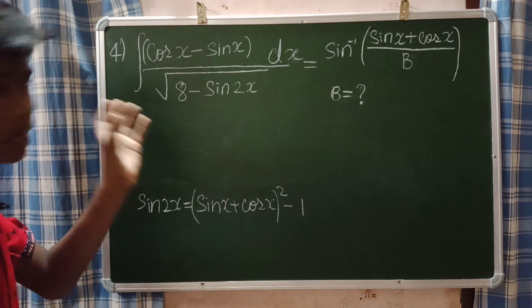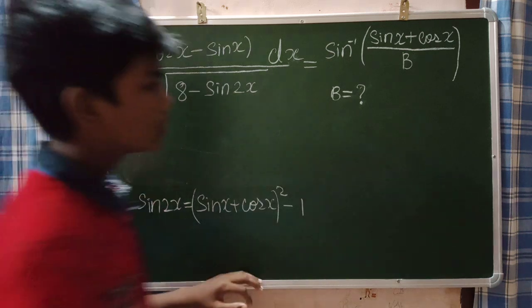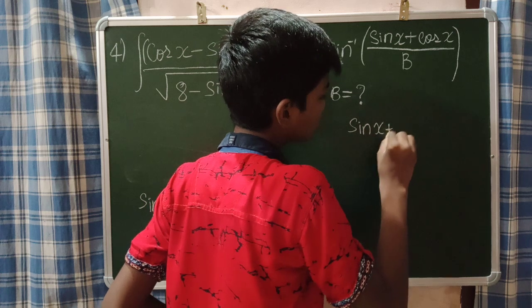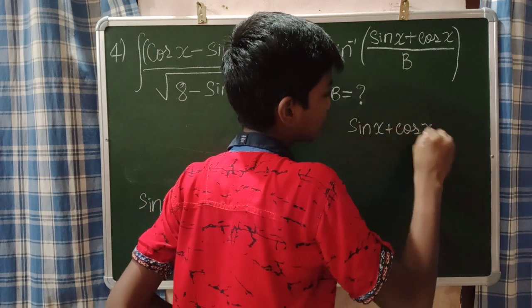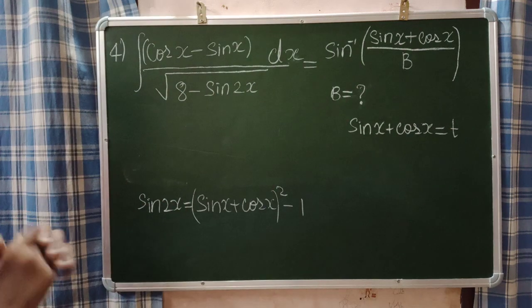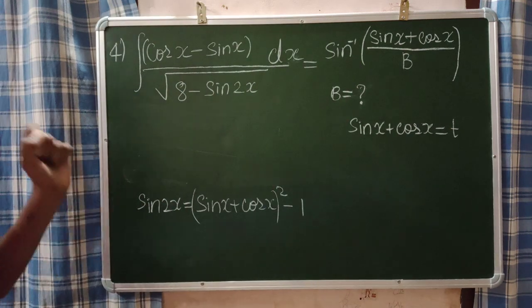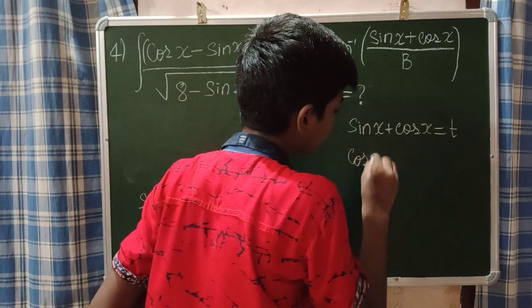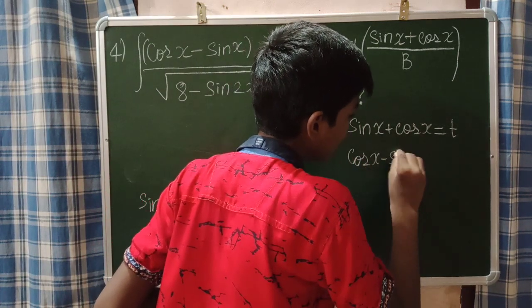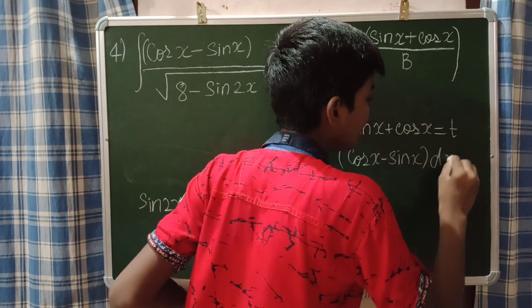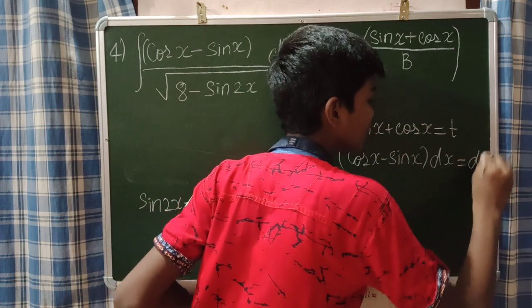Now in this integral, observe carefully, guys. What I am going to do is take sin x plus cos x as some t for this integral. If I take sin x plus cos x as t, then cos x minus sin x dx will be dt, right?